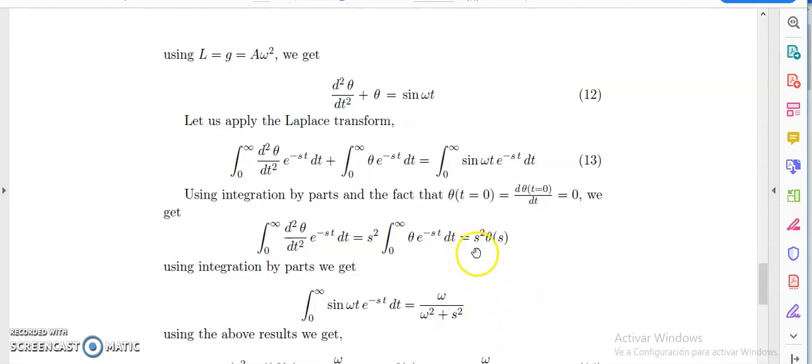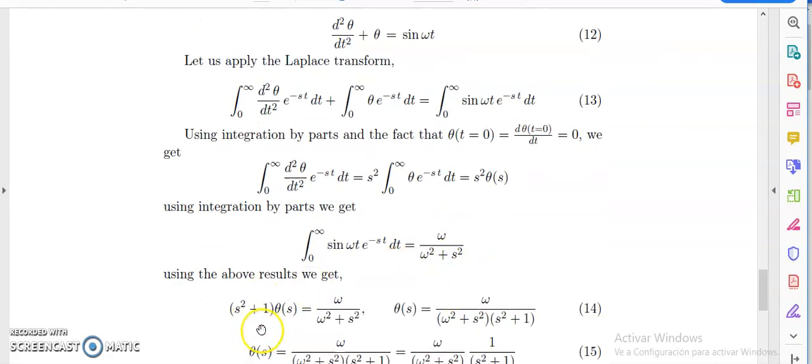Now we substitute in equation 13: the first term is equal to s squared times the Laplace transform of theta, the second term is the Laplace transform of theta, and the term on the right hand side is omega divided by omega squared plus s squared.